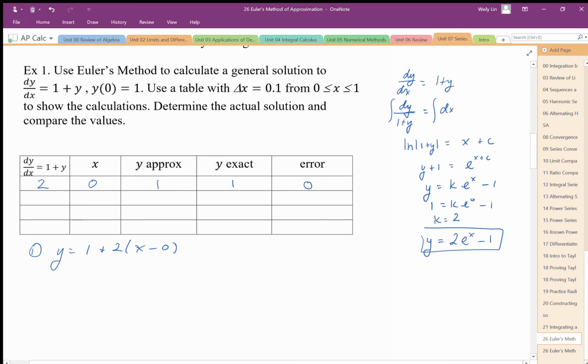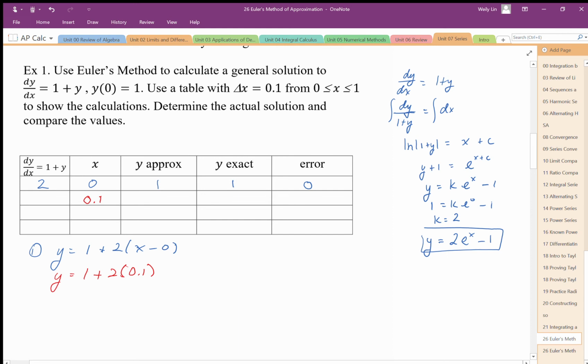So my next x is going to be at 0.1. And maybe I'll do this in a different color. This is going to be at 0.1. So I'm going to plug 0.1 into this equation. y equals 1 plus 2 times 0.1.